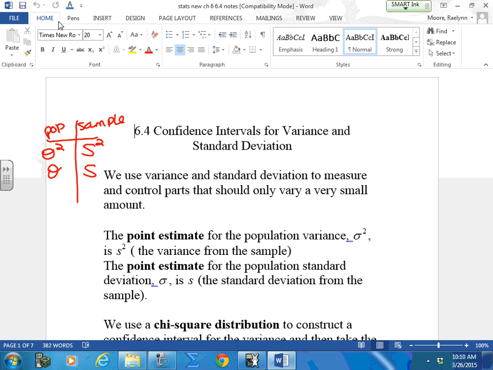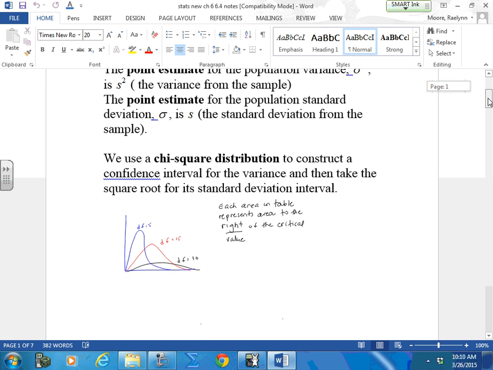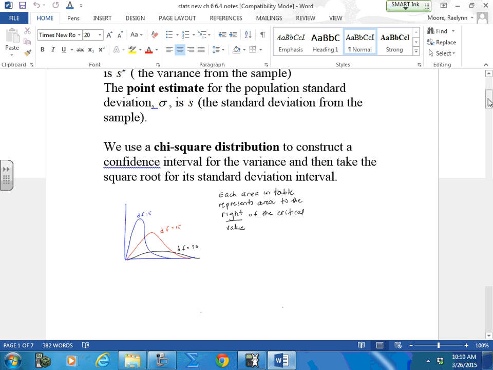A lot of the times they use the variance, which is the only time you really need the variance. Usually we just use the standard deviation. So we want these things to vary just a very small amount. We have the same kind of concept: we're making an inference about our population based on our sample. We will find our variance information, and then we will take care of our standard deviation from there.